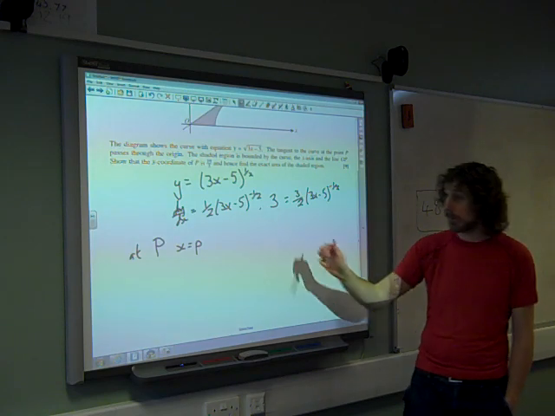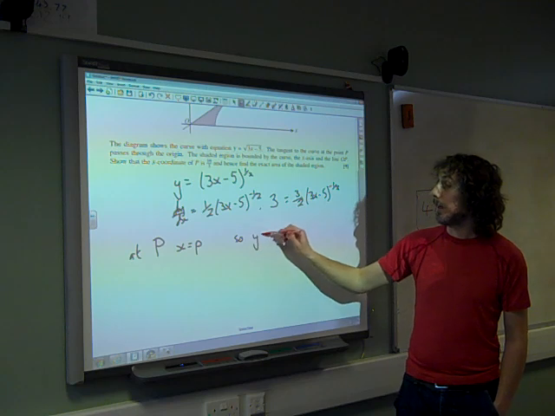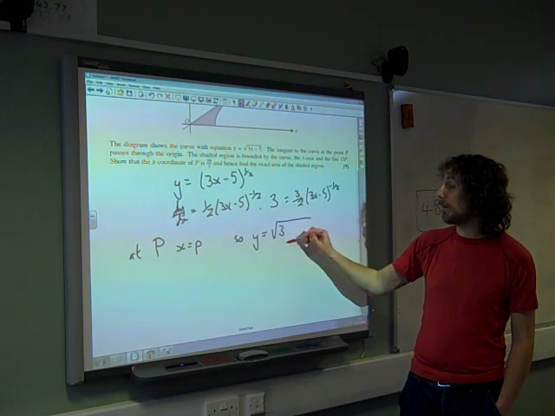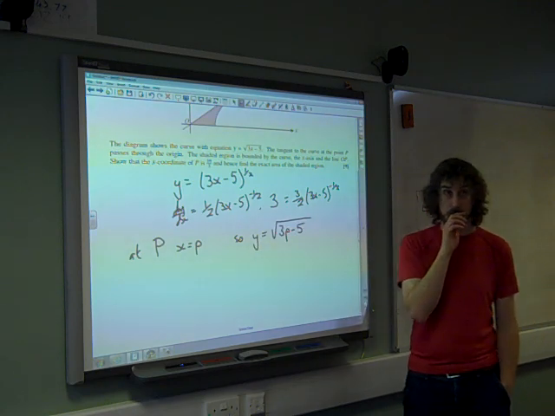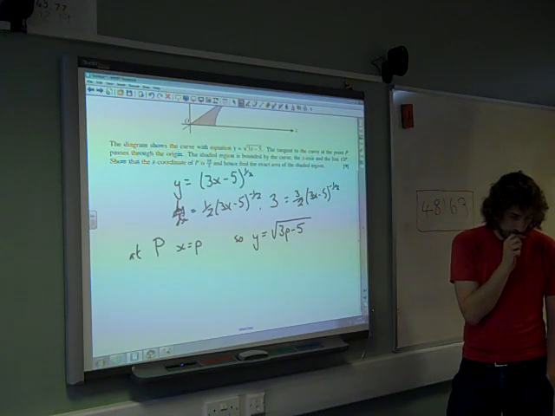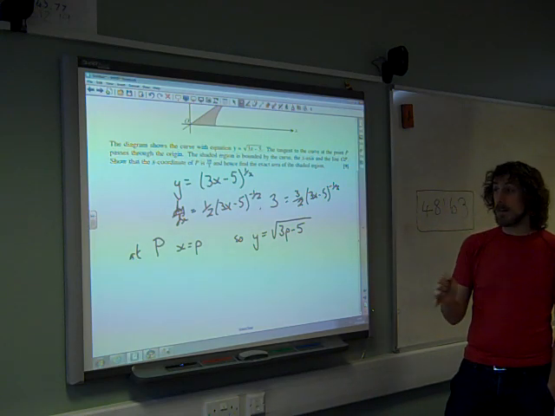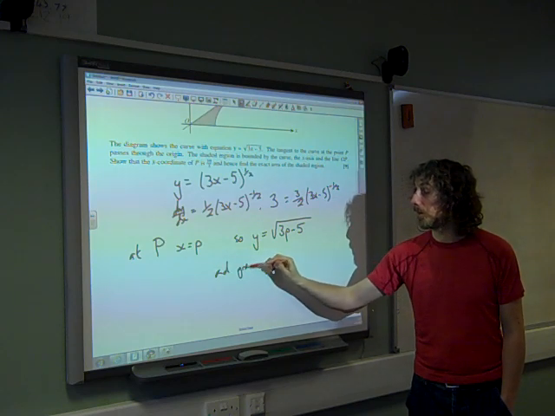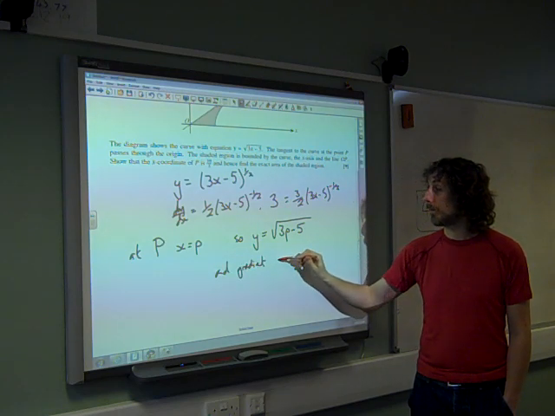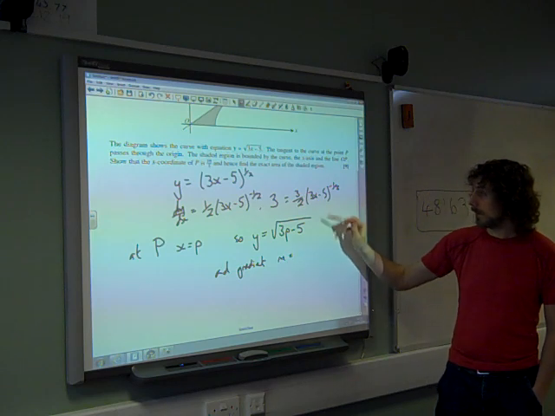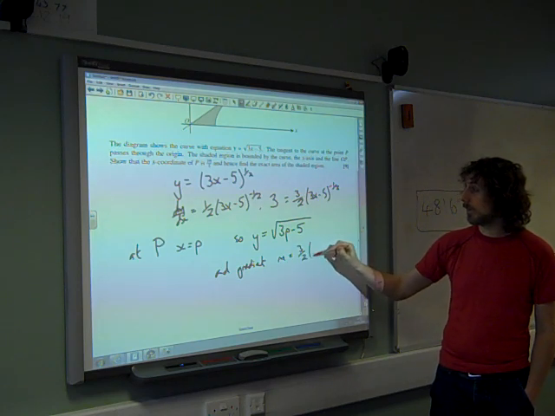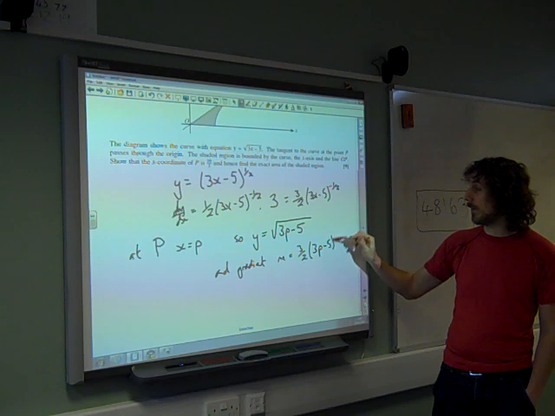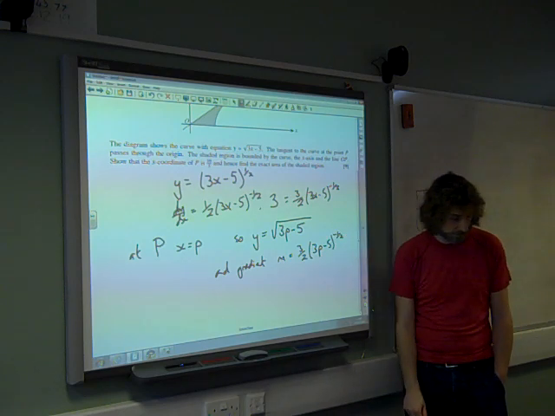So the y value is the square root of 3p minus 5. And the gradient of my tangent is 3 over 2, (3p minus 5) to the minus a half.